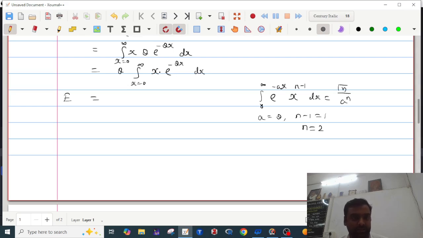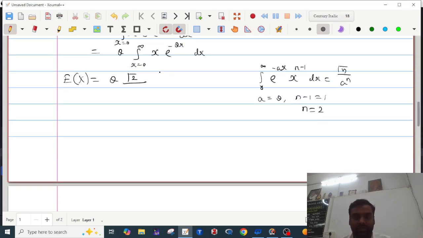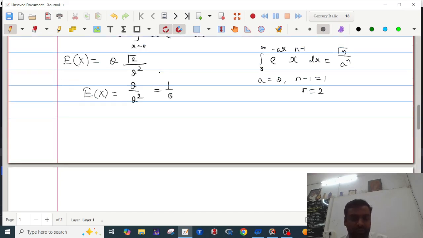Expectation of x is theta into gamma 2 divided by a raised to n, where a is theta. Gamma 2 is 1 factorial, so it is 1. Expectation of x is theta upon theta square, which is 1 upon theta. So the mean of the exponential distribution is, if X follows exponential theta, then its mean is 1 upon theta.